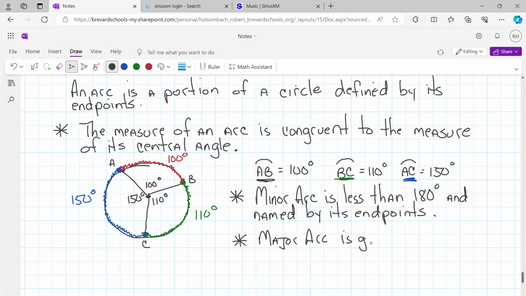A major arc is greater than 180 degrees and named by 3 points.